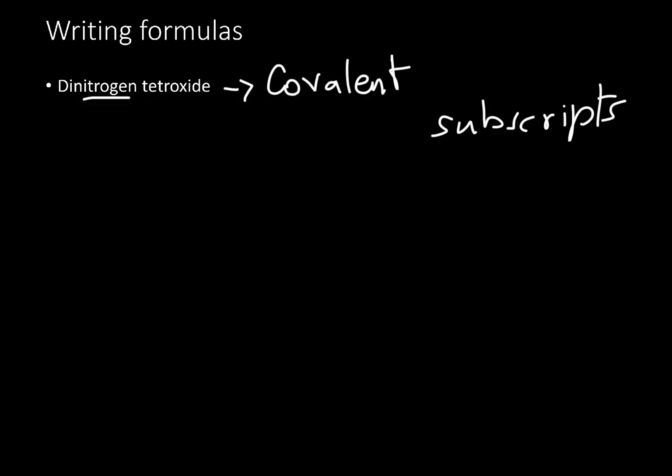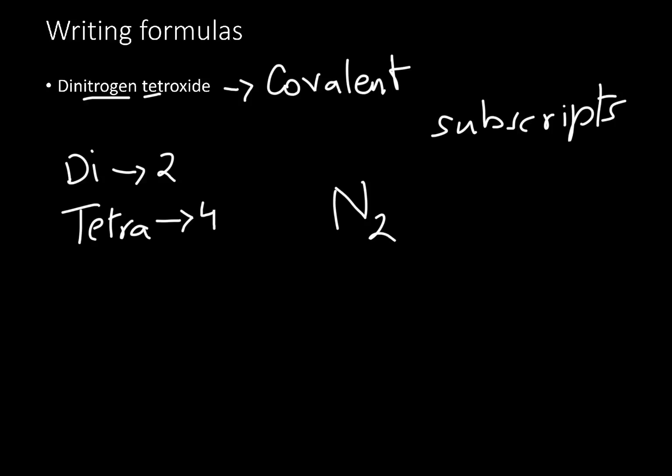Okay, now let's look at our subscripts. Our subscripts are di, which we know is 2, and then tetra, which we know is 4. Now di goes with nitrogen, so you have N2, and then tetra goes with oxide, which comes from oxygen, and so you get O4, and that is your answer.